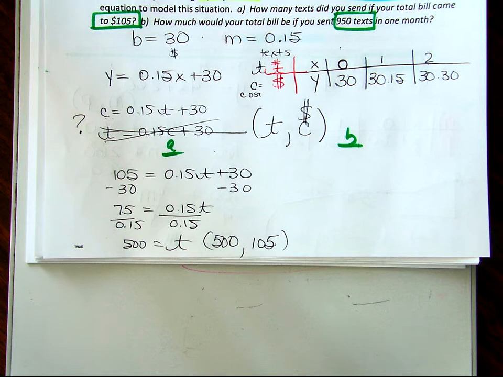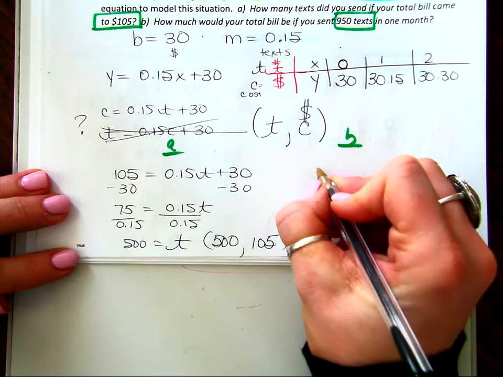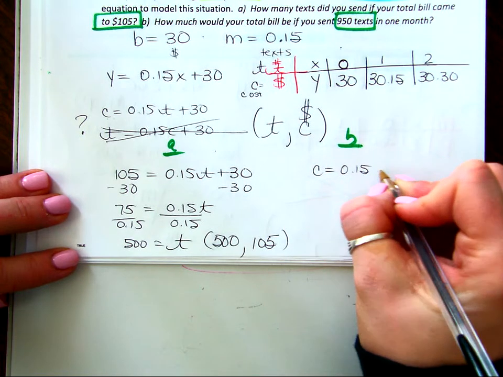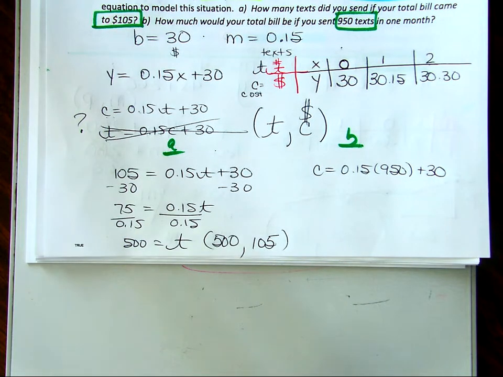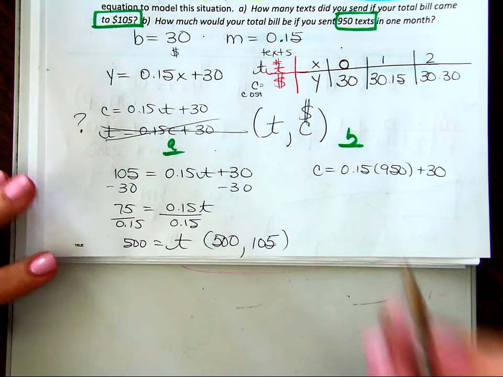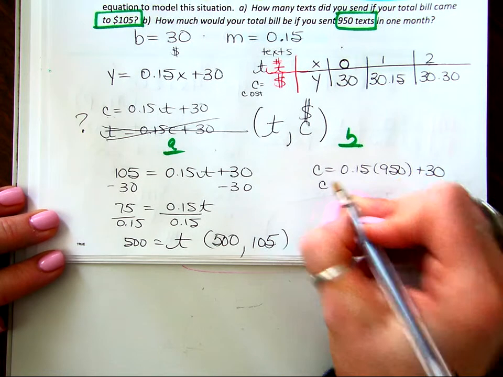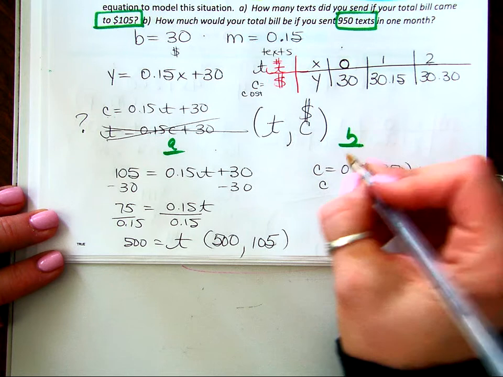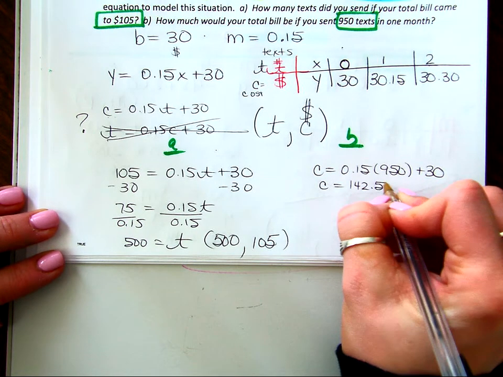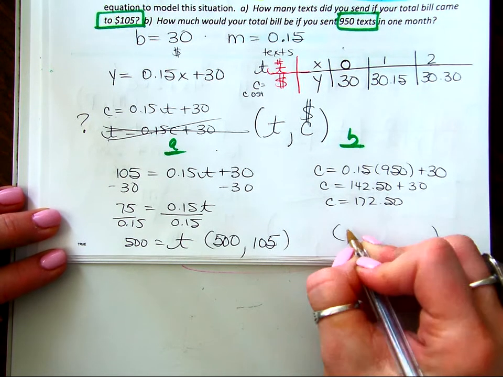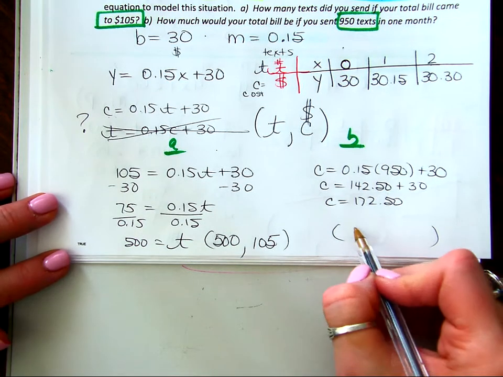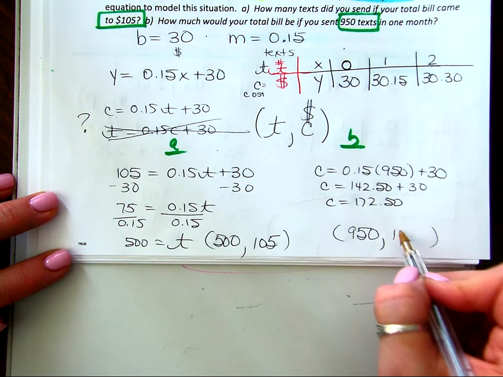That's how many texts you sent. Okay, so if I send 950 texts, my bill will be $172.50. Got it?